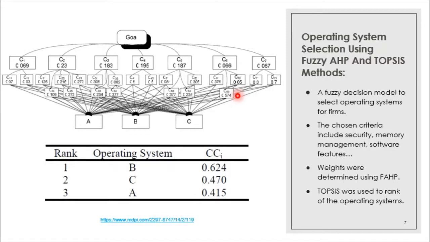To determine the weights of these criteria, the authors elected to use fuzzy AHP as opposed to regular AHP, since they wanted to account for the uncertain judgment of decision makers and the human thinking style, which traditional AHP does not account for.